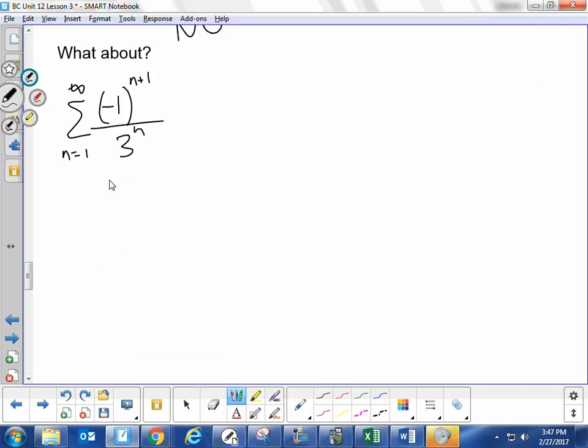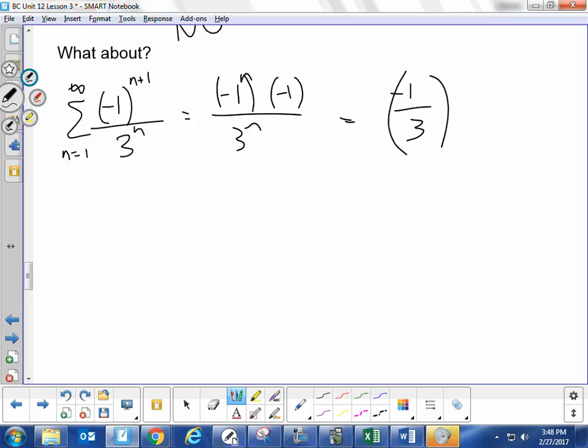Interesting to see that we've already talked about some of these alternating series. We talked about geometric series where the r is just between -1 and 1. In this situation, we can write this as -1 to the n times -1, and that's over 3 to the n. And that could be written as -1 over 3 to the n times -1. And that checks. That's definitely convergence. This is a geometric series with r between 1 and -1.